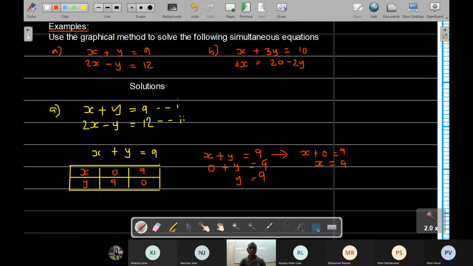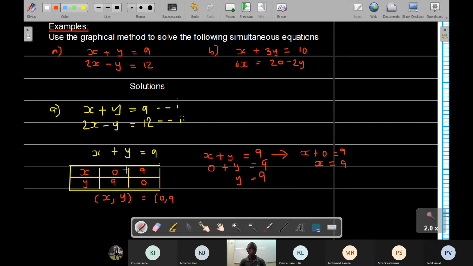So I can now write my coordinates in this format: the x coordinate, followed by the y coordinate, and then we close the brackets. The coordinates I'm getting for this equation are, when x is 0, the value of y is 9.